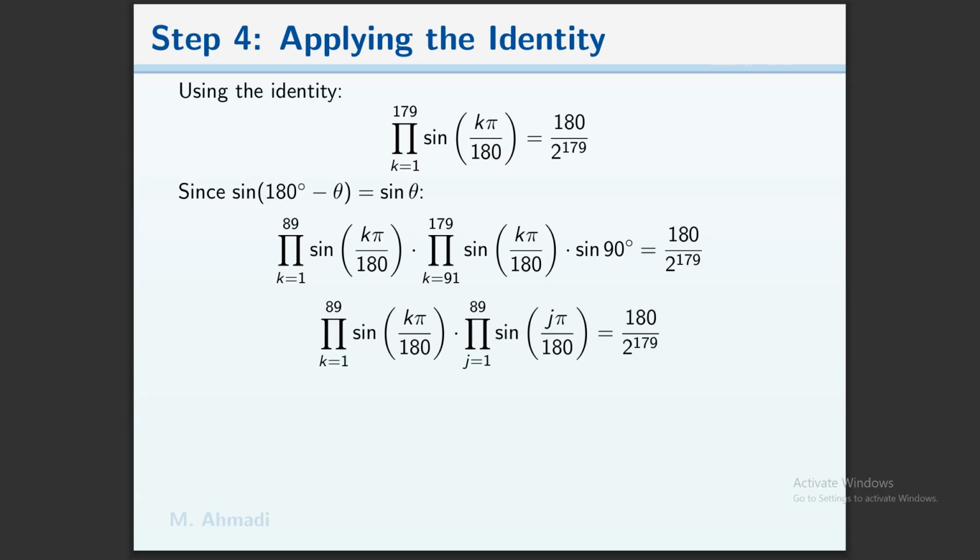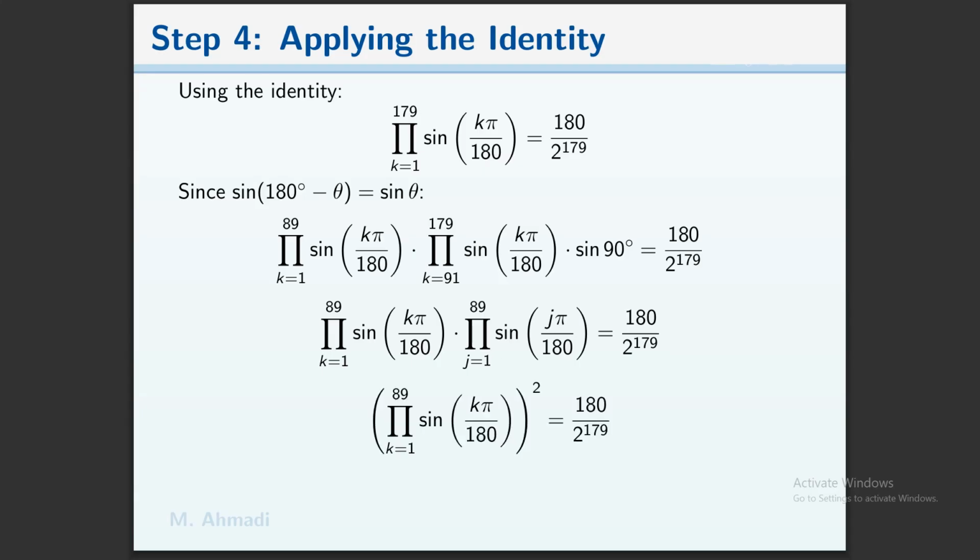We can rewrite this as the product of sin(kπ/180), k from 1 to 89, multiplied by the product of sin(jπ/180), j from 1 to 89, is equal to 180 divided by 2^179. Actually, the second term in this relation has been replaced with this term.